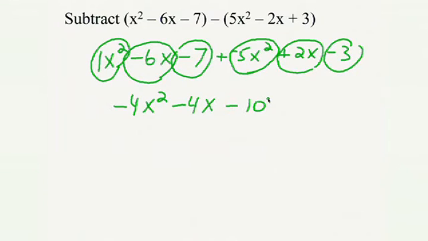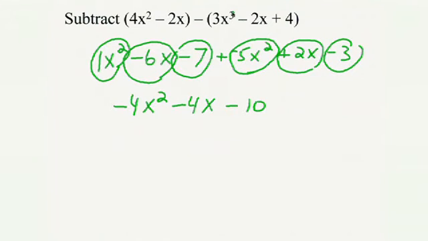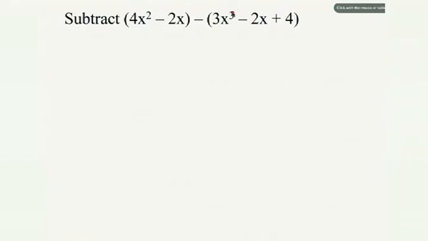If you don't want to write all of this out, you could also just change the signs up here. So let's go ahead and do that in this next example. It's just a little bit shorter. All right, so 4x squared minus 2x minus 3x cubed minus 2x plus 4.